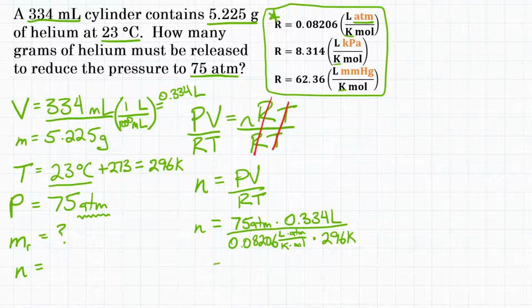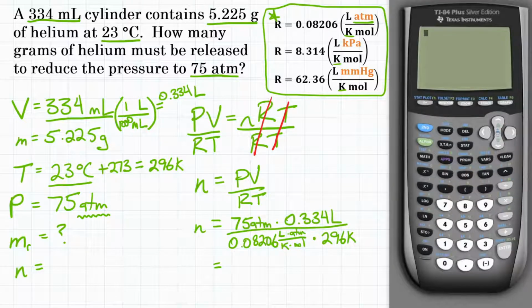So let's get our calculator, and we are going to take 75, multiply that by 0.334, and then divide by, open parentheses, 0.08206 times 296, close parentheses, hit enter, and we get 1.0312.